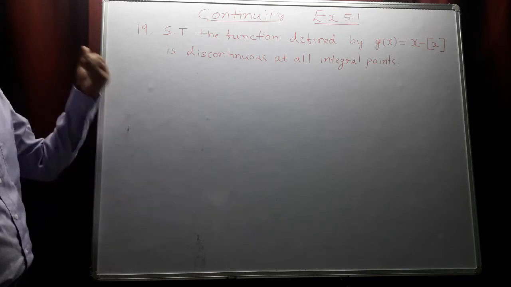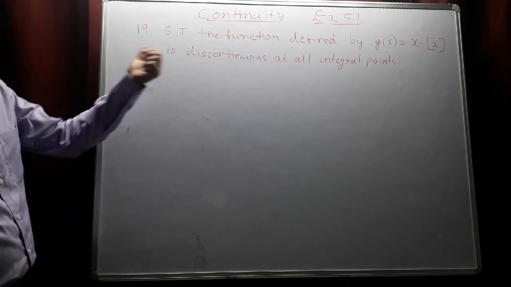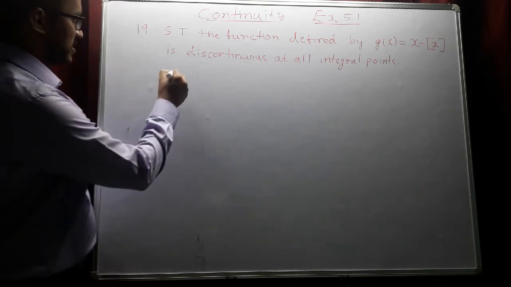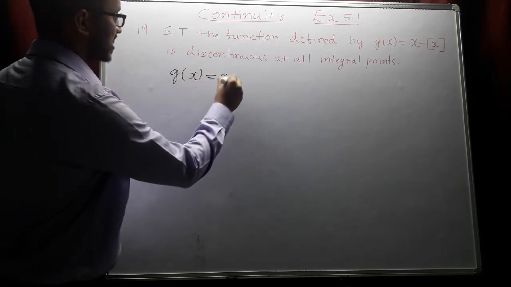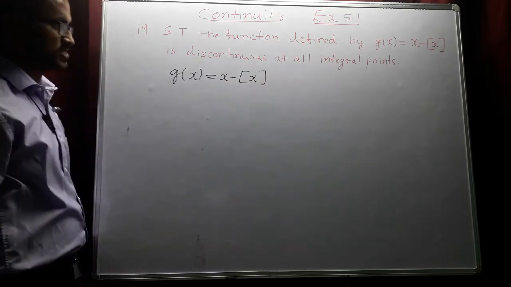So let us check whether the function is continuous other than integral points. So here the given function is g of x equals x minus the greatest integer less than or equal to x.